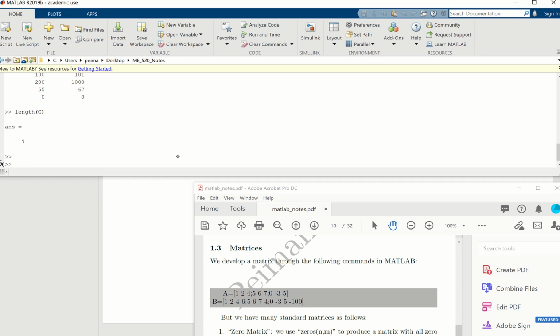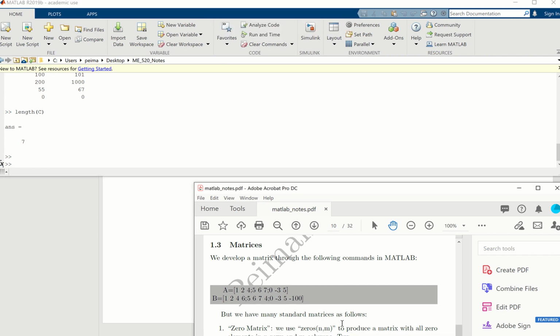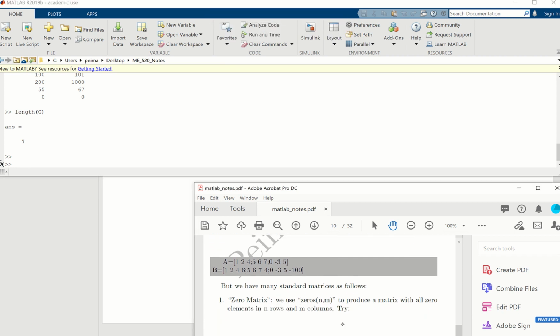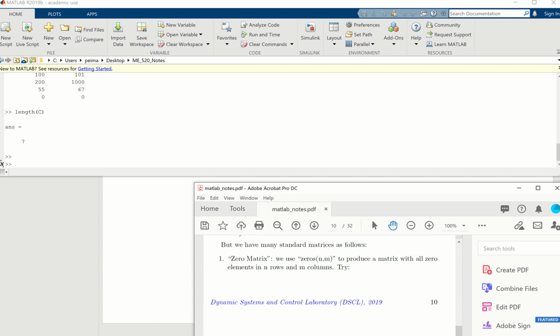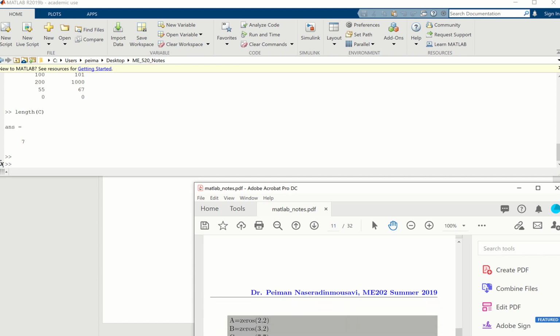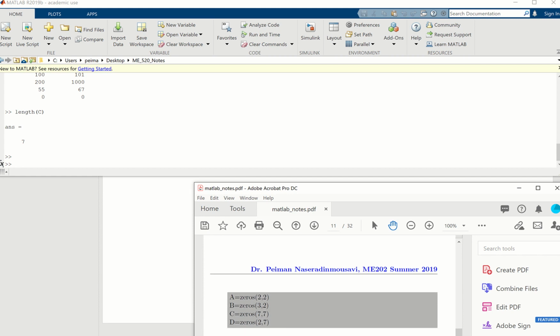But we have many standard matrices in Matlab. Okay? Zero matrix. Let's see. So, zero matrix. We use zeros of n and m, where n means number of rows, and m number of columns, to produce a matrix with all 0 elements in n rows and m columns. So let us do that together. So try these kind of things. Look at here.